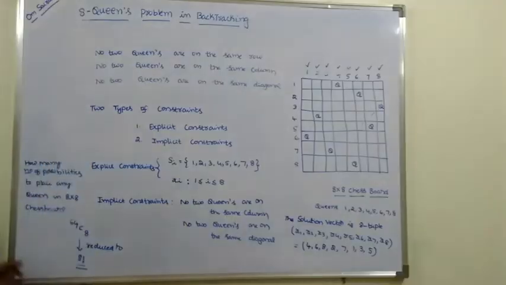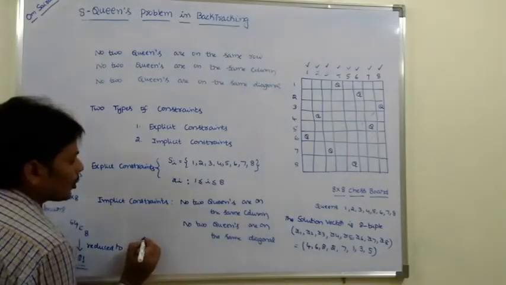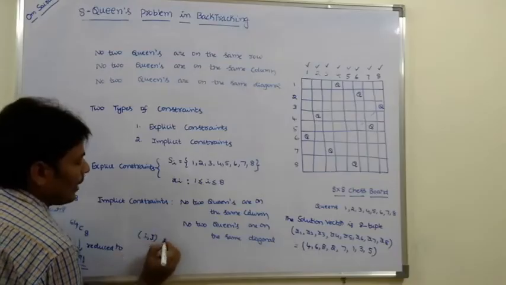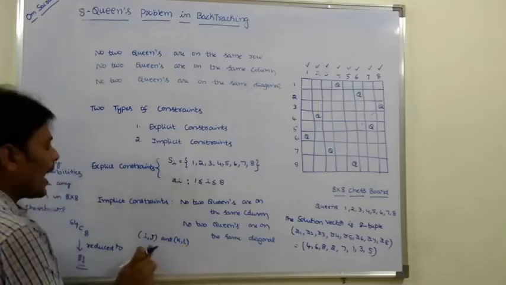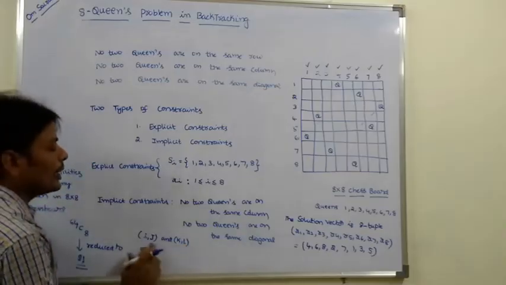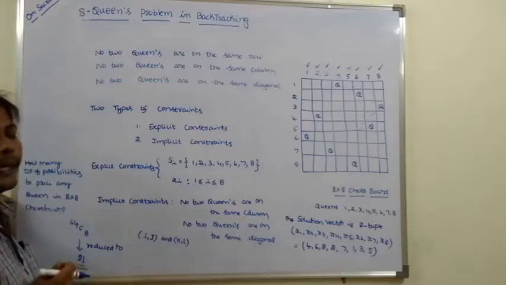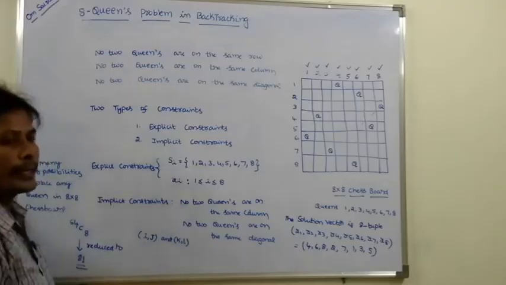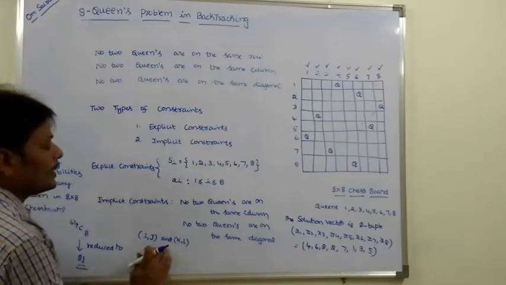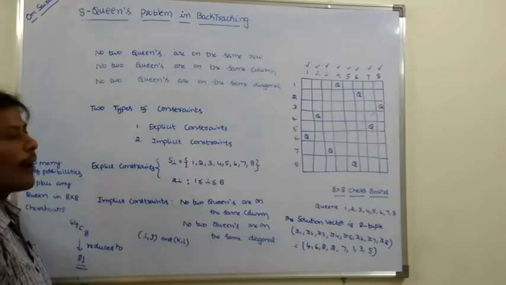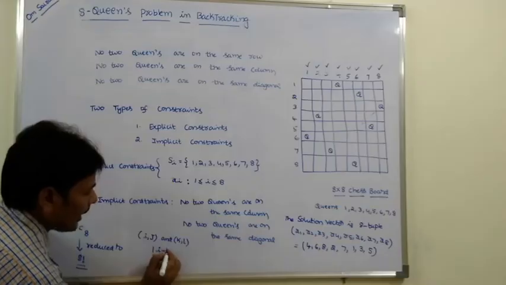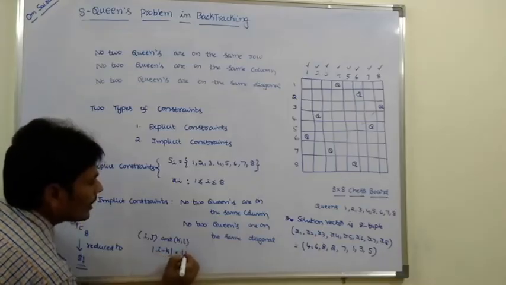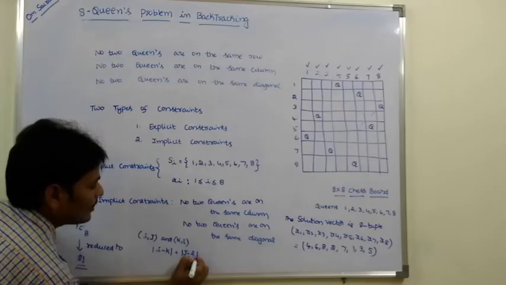Okay, next. Suppose we take any two coordinates (i, j) and (k, l). We have to check whether these two coordinates are diagonal coordinates or not. To check this, we use the formula: mod i minus k is equal to mod j minus l.